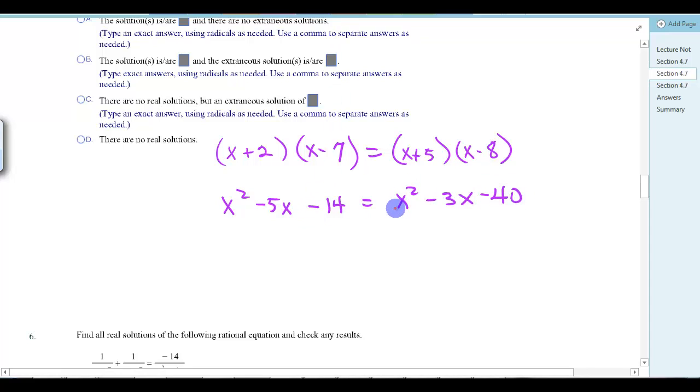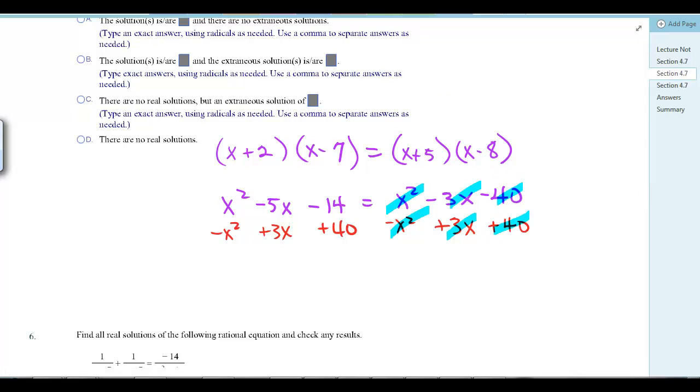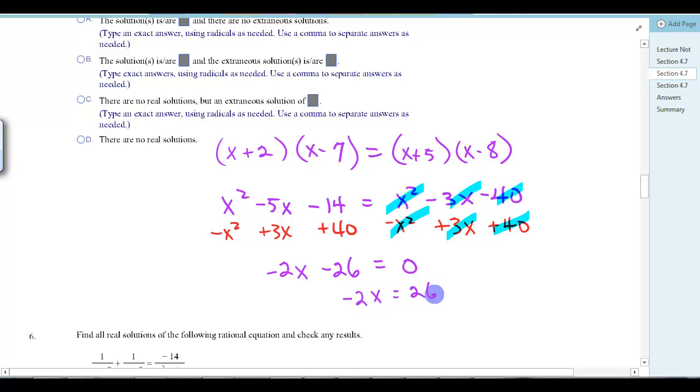All right, if I subtract that, add that, and add that, over here everything goes away, and over here I've got negative 2x minus 26 equals 0. And then I'm going to add the 26 over, so I have negative 2x equals 26.